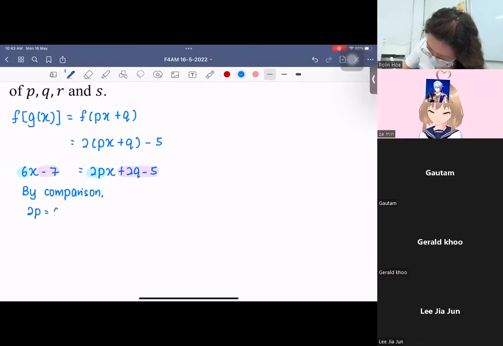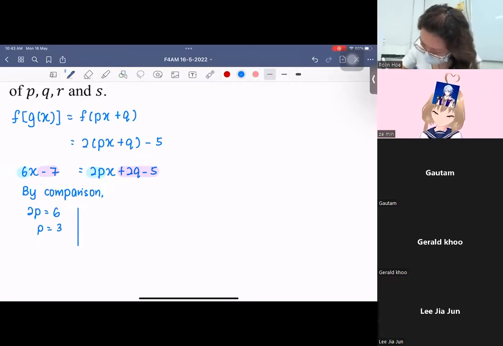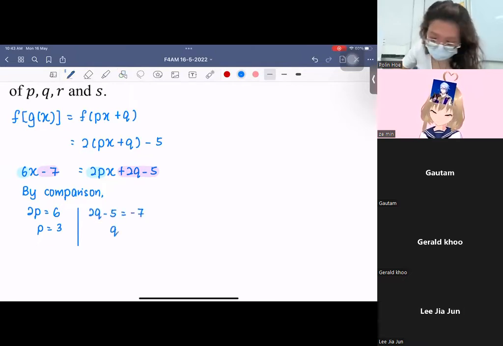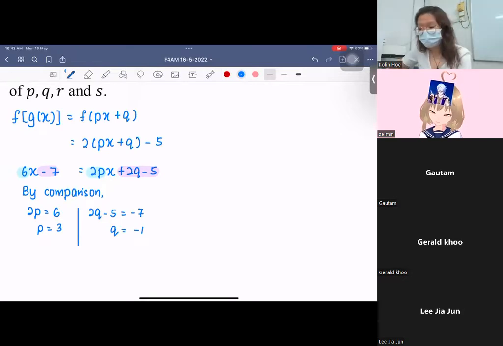Two b equals 6, so b equals 3. 2q - 5 equals negative 7, so q equals negative 1.